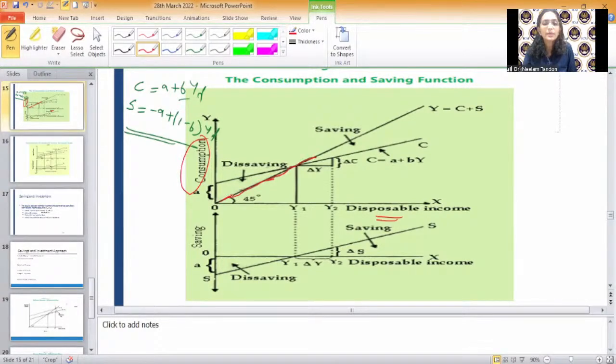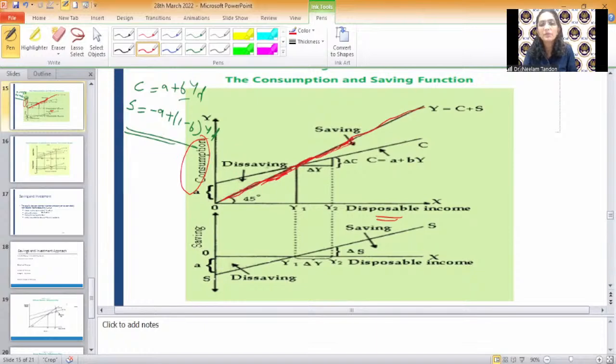This is the y-axis, this is the x-axis. On the y-axis, we have consumption. On the x-axis, we have disposable income.